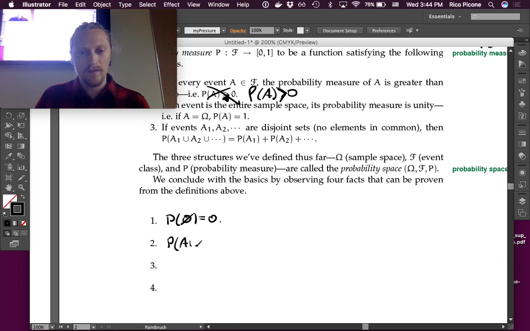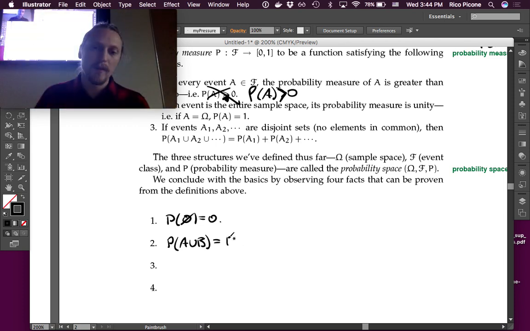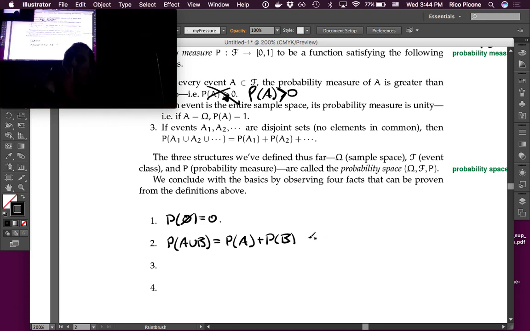What is the probability of A union B? I'm going to write it out in terms of the probability of A plus the probability of B. And there's going to be a correction term here. What should that correction term be?